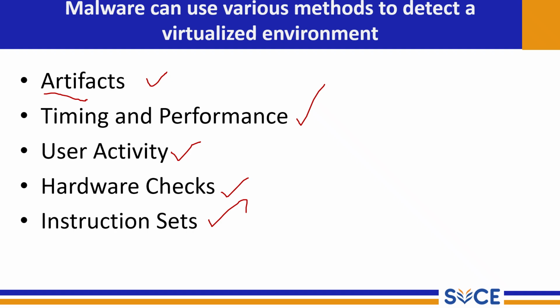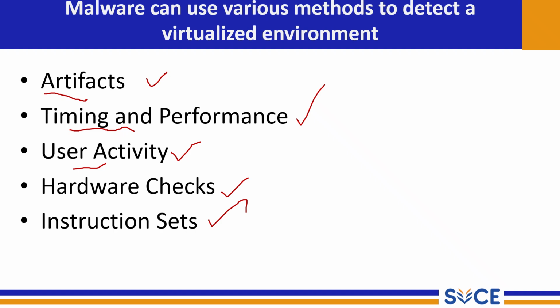Second, timing and performance. This involves exploiting differences in CPU cycle counts or execution timing between physical and virtual machines. Third, user activity. Here it checks for a specific default username, few files, or a lack of USB device history, all of which are common in newly set up analysis environments.